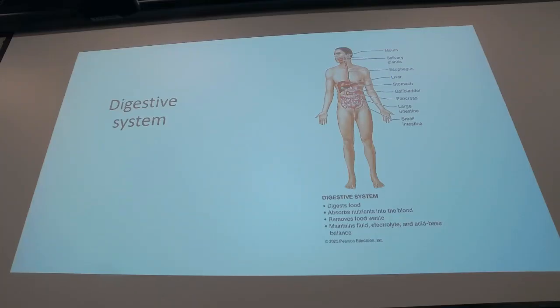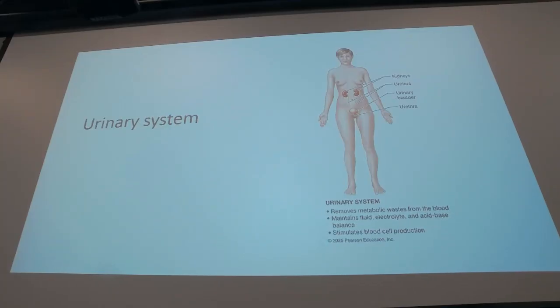So then the previous systems, respiratory system and digestive system, can also help with the acid-base balance, which is related to the concentration of hydrogen ions, or pH. And then urinary system includes kidneys, ureters, urinary bladder, and urethra.